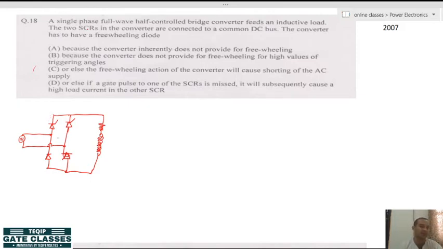See, what we have studied in a single phase half controlled bridge converter or semi converter is that, let us say this is thyristor T1, this is T3, and this is diode D2 and diode D4.